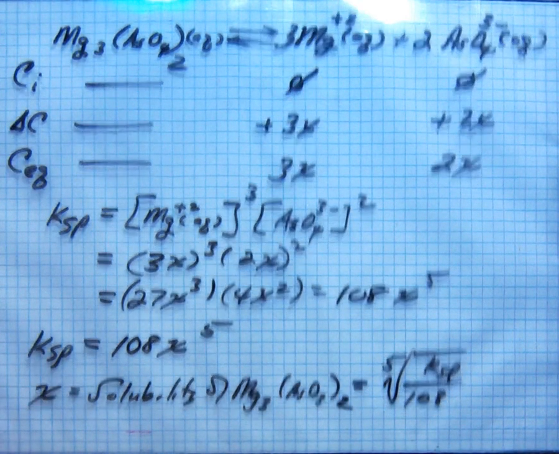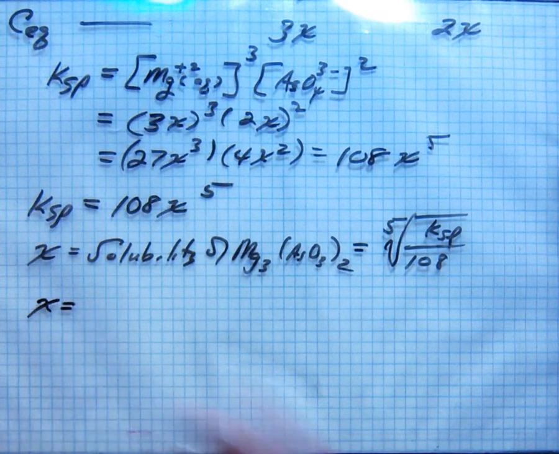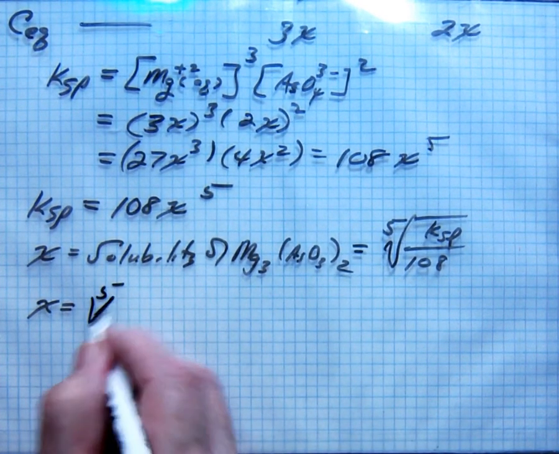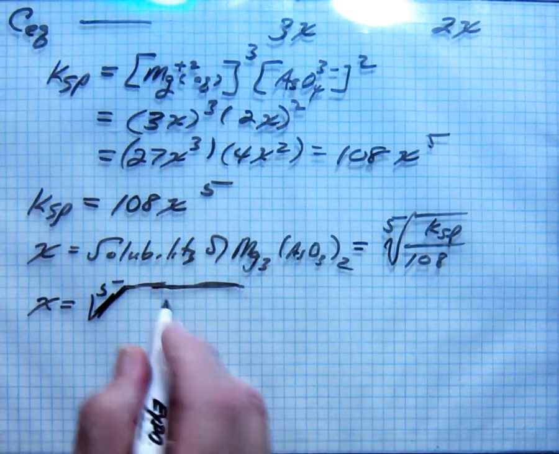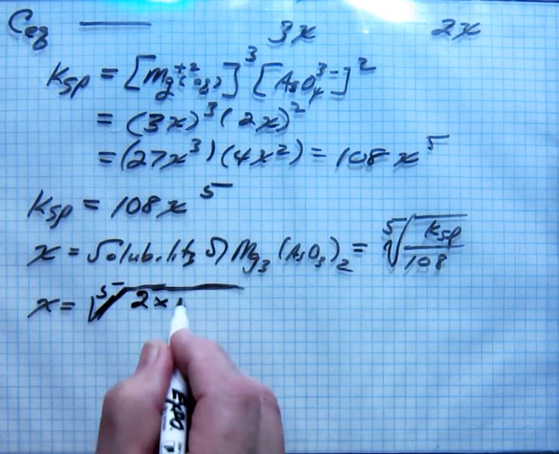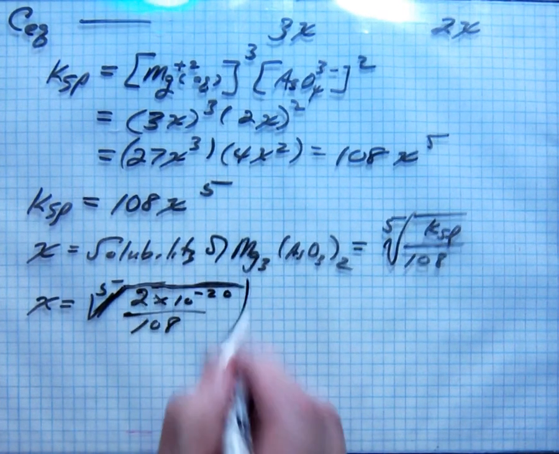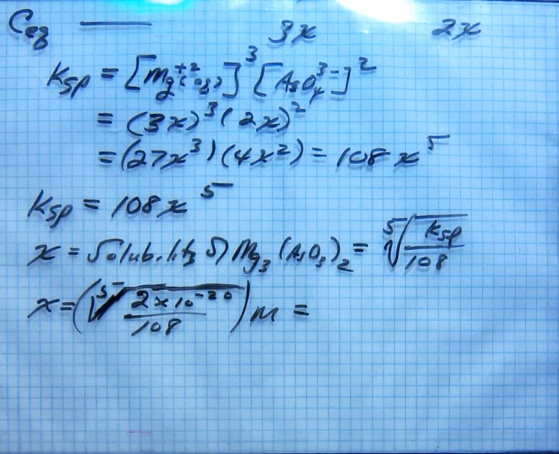So 2 times 10 to the minus 20 is the KSP. So our X, which is the solubility, is the fifth root of 2 times 10 to the minus 20 over 108 molar. See what that looks like.